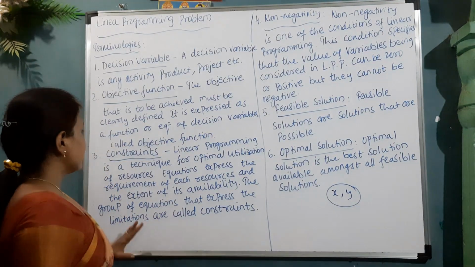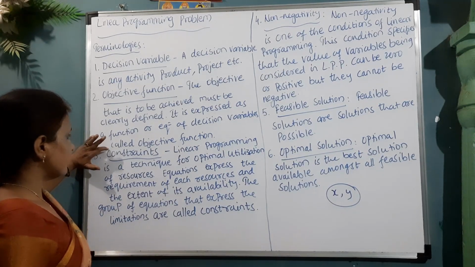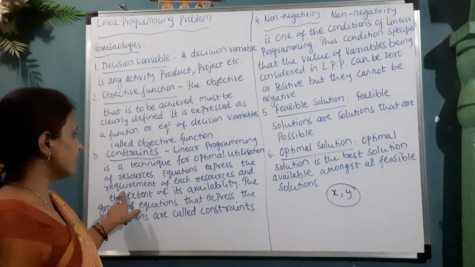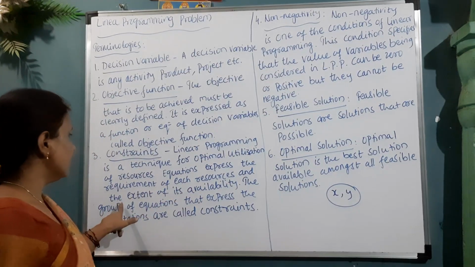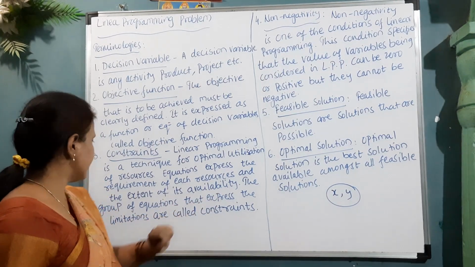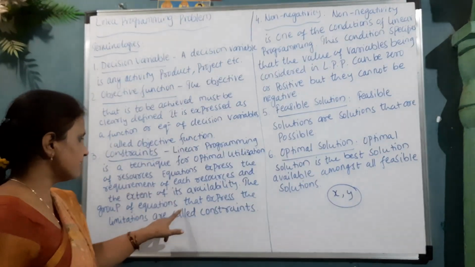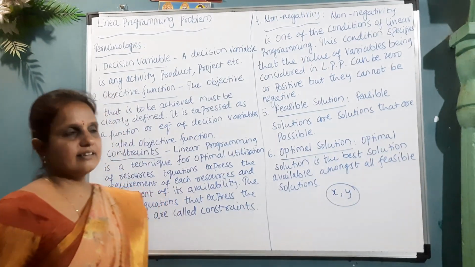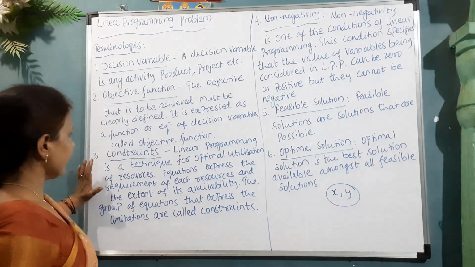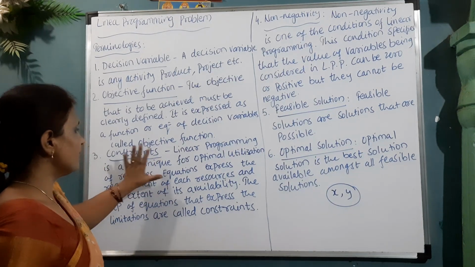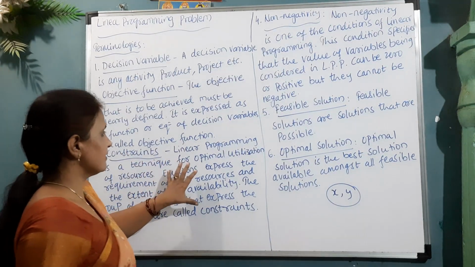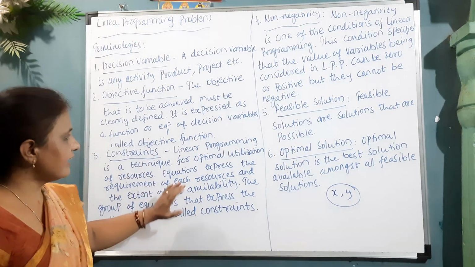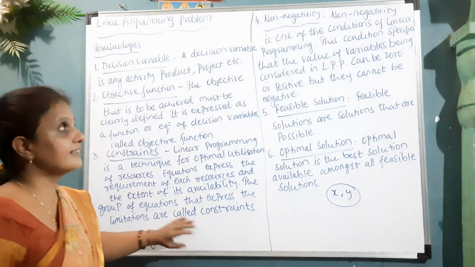That can be done using the constraints, which are the equations that express the requirement of each resource to the extent of its availability. This group of equations that express limitations are called constraints. Constraints are the availability of a particular resource expressed as an equation or inequality, or we can also say a restriction.